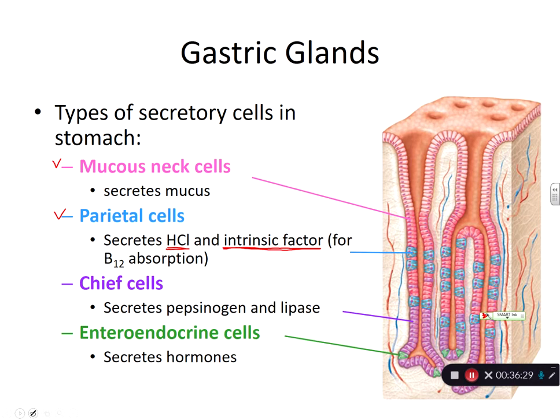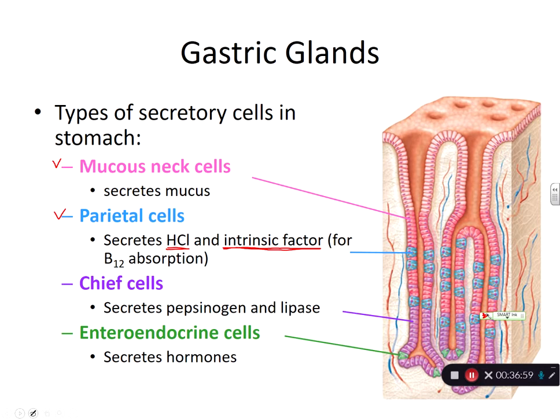Those people, a lot of times, because you don't have enough intrinsic factor in this little bag that you've now created, those parietal cells in that little bag can't make enough intrinsic factor. They're usually deficient in B12, and they usually develop pernicious anemia. So people who have gastric bypass a lot of times have to take B12 injections for the rest of their life, or as long as they have the sleeve or whatever else they have on their stomach. Okay?